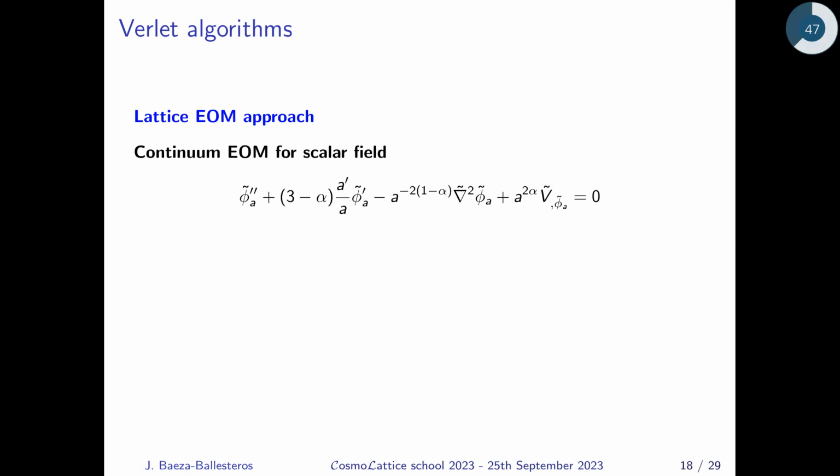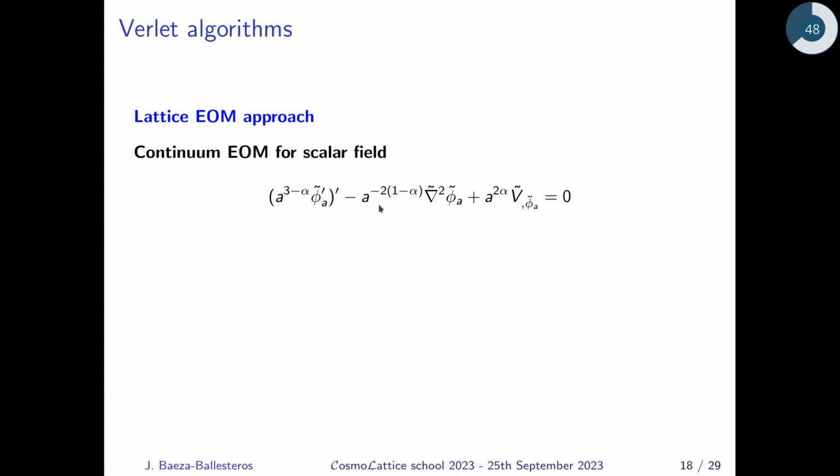So let me review or summarize again which are the equations of motion. In the continuum, this was the equation of motion for the scalar field, but rather than directly discretizing this and trying to solve this, it's more convenient to note that these first two terms just come from applying the time derivative to another term.